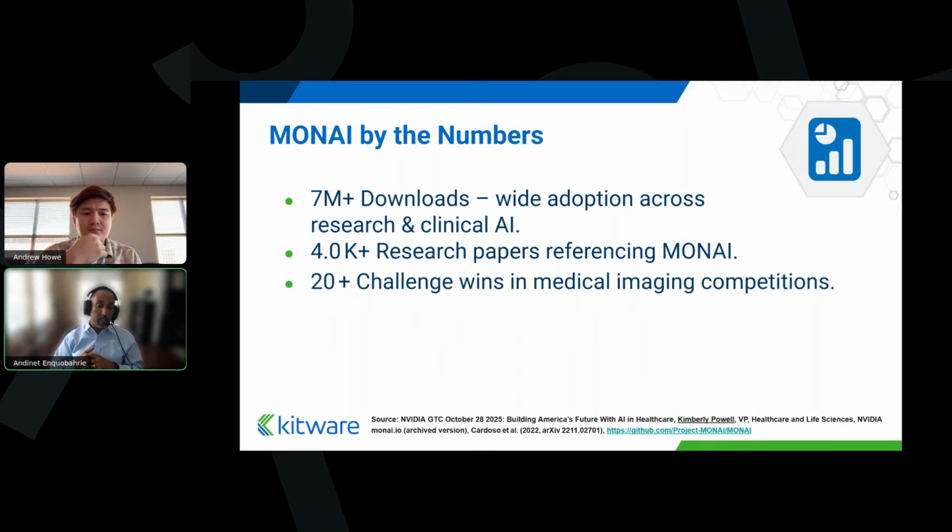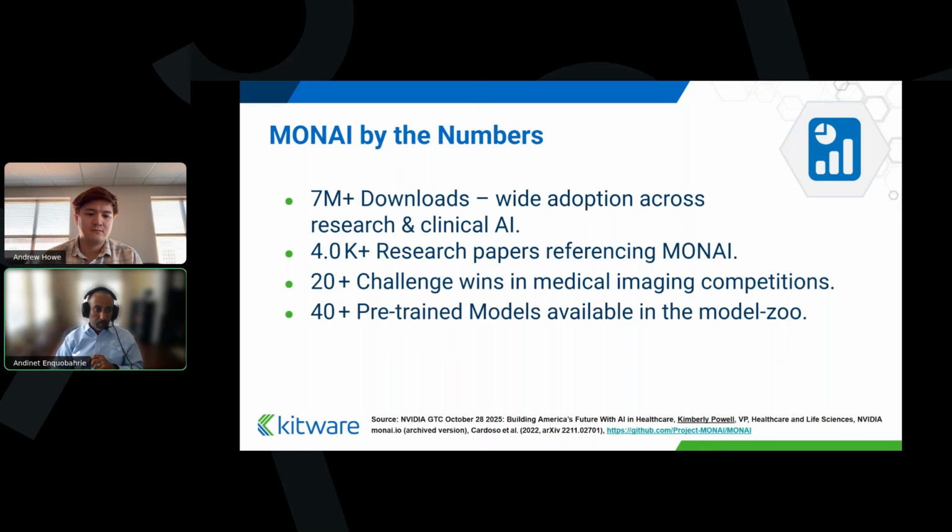Also, MONAI has been used in several grand challenges, where it's been winning a lot of them. Teams who participated in the grand challenges used MONAI to build their models and participate, and more than 20 grand challenges were won by a team that used MONAI.